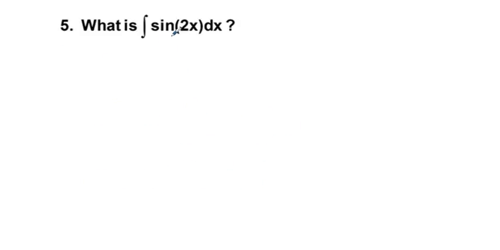What is the integral of sine 2x dx? Well, I kind of have a sense from having worked with integration for a while what this is going to be, but to make sure I get it right, we're going to take this argument and make a u substitution out of this. So I'm going to say let this argument here, 2x, equal u.